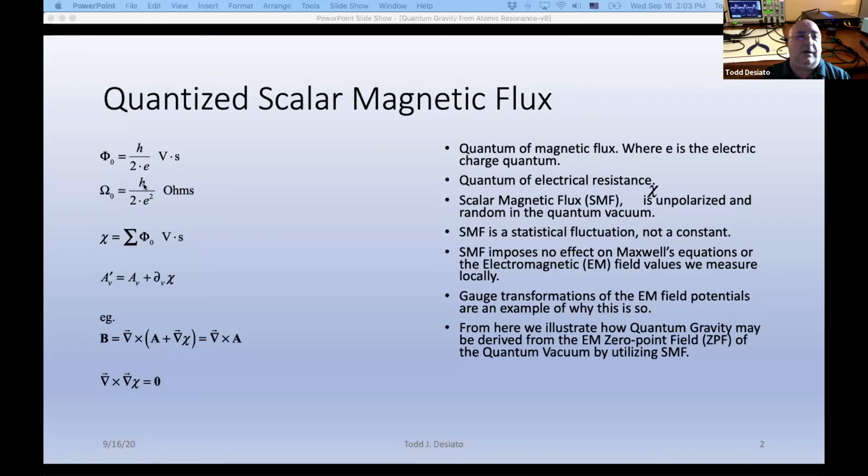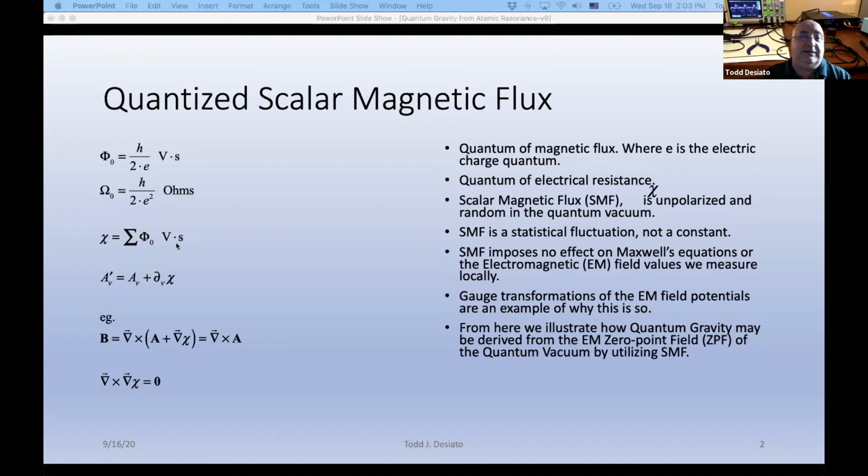And if you divide by another electric charge, you get ohms. So it acts as resistance. And the scalar flux is the sum of all the flux quanta.